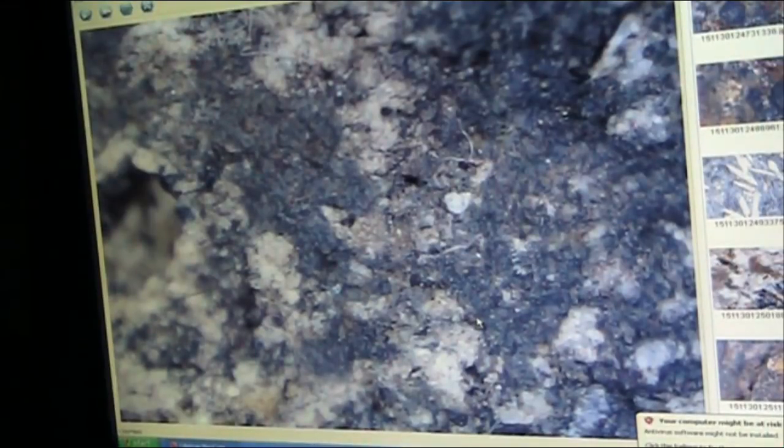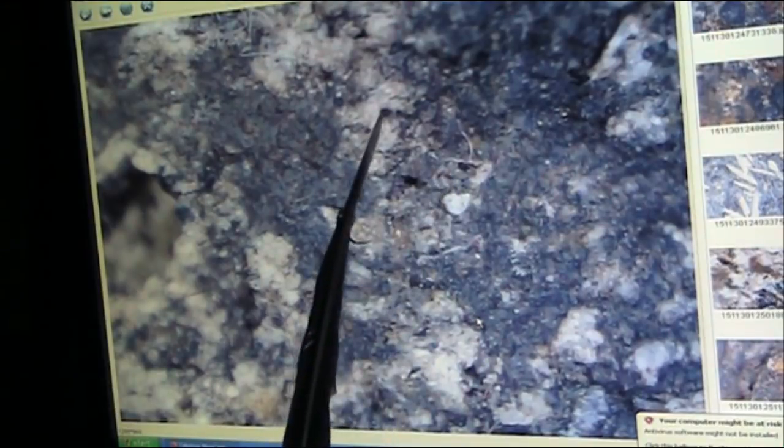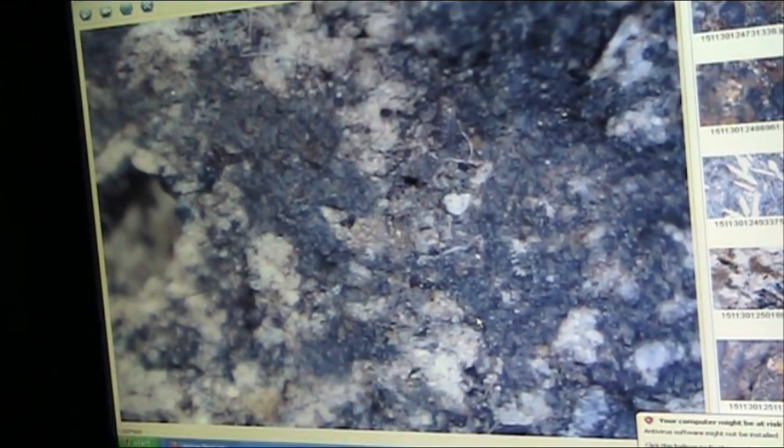So let's take a look at something else. All right, so this is the dead center of that bone, and you see all these little tiny pores here? That's where blood was. Now blood turns into hydrocarbons, which is oils, and then it turns into coal. Now, I'm going to move this out. This is right dead center in the middle of the bone.